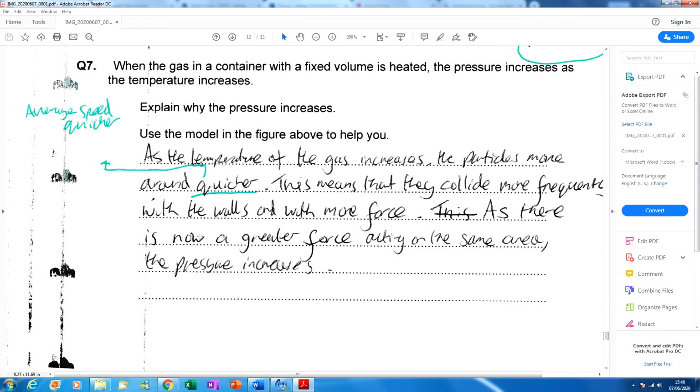So in every second for a hotter gas, you will get more particle collisions with the walls than you would in a cooler gas whose particles are not moving around as quickly. So if you have a greater force because you've got a greater number of collisions in a given amount of time and a greater force per collision, you will have increased the pressure.